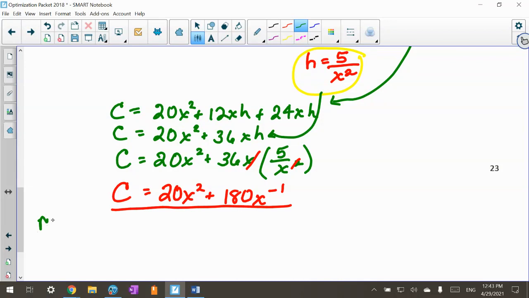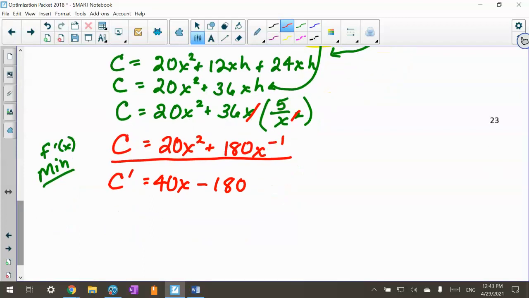Now I'm looking for a minimum cost. So I've got to set f prime of x equal to 0, which is c prime in this case. So c prime is going to be 40x minus 180 over x squared, or x to the negative 2, and we're going to put it equal to 0. When you get it like this, I would put this on the other side, so you have 40x equals 180 over x squared.